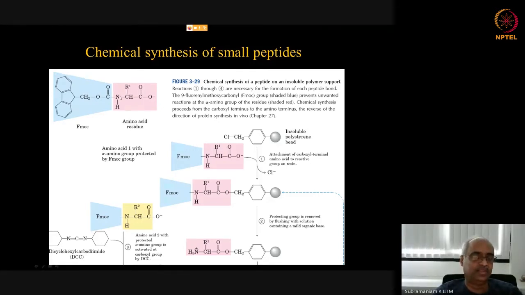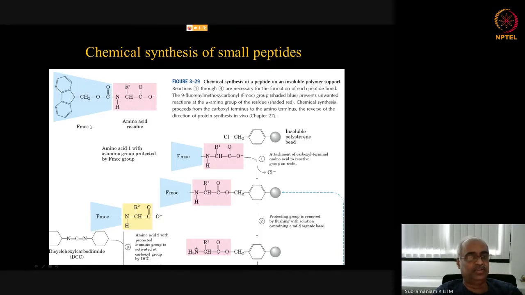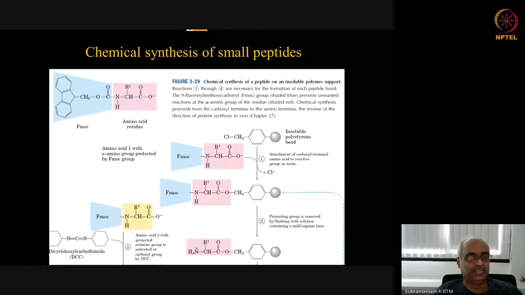Here in this particular case, this amino group is protected by adding this FMOC group. If you want to know the FMOC expansion, it is here. You can read this. This FMOC group is attached to the amino group, and this bond is not going to get readily broken under the conditions that we are going to use for the synthesis. In this way, this amino group is not available as a functional group to react, so only the carboxyl group is available.